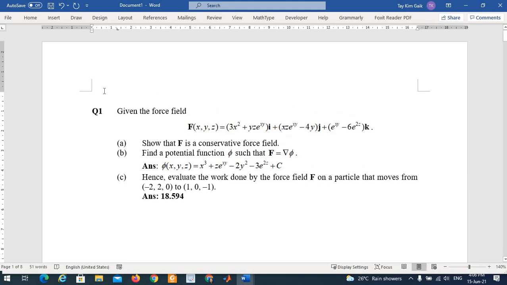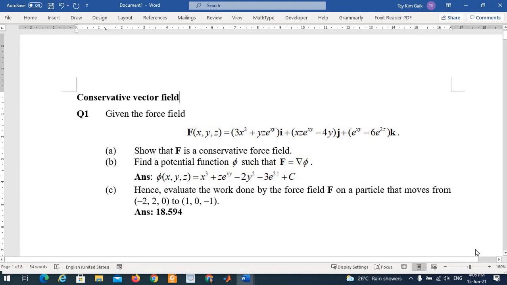This is a conservative vector field. Question 1 is a direct question where we are given the vector field F in 3 dimensions. Question A, show that F is a conservative vector field.